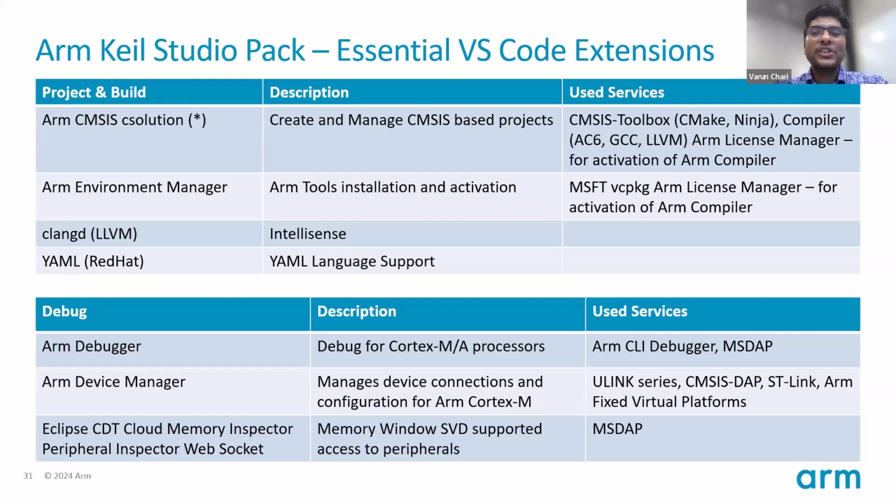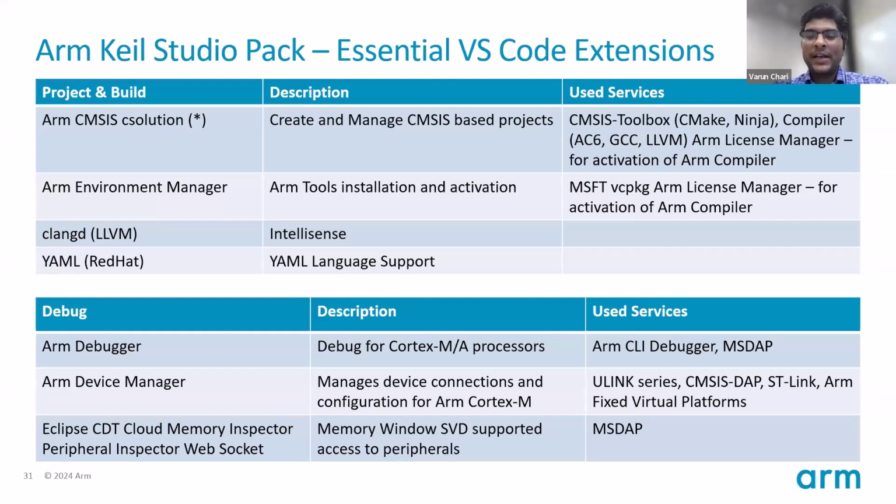Then the environment manager is basically to manage your environment. So it's basically agnostic to your host machine. You just have this environment figured out as a JSON file, vcpkg. It uses the Microsoft vcpkg tool in the background to create a virtual environment, and then you start developing in it. So it basically helps in portability.